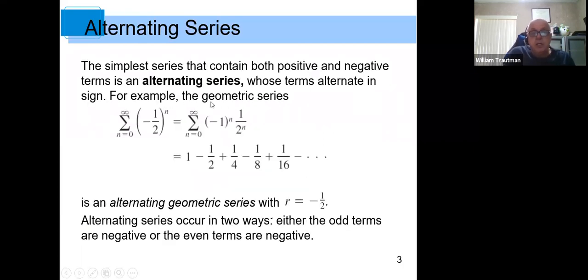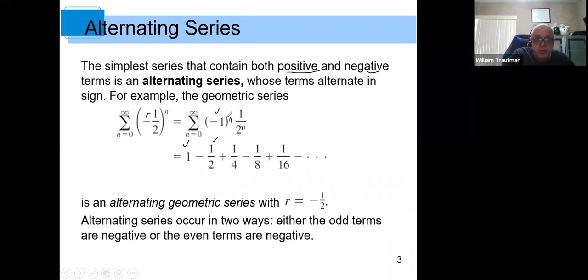All right, alternating series. Now, an alternating series goes both positive and negative. This is normally done by this negative here, or you can say -1 to the n power, whatever n is going to be. And if you notice, you put 0 in, you get 1. You put 1 in, you get -1/2.